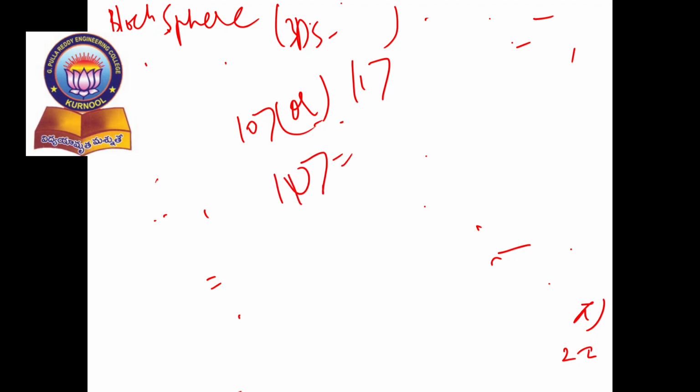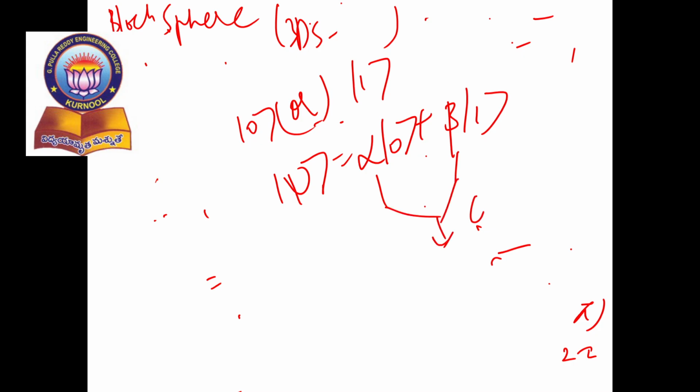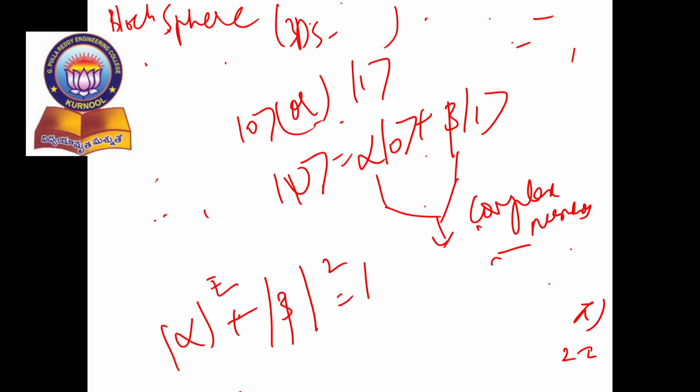So the wave function is equal to alpha of 0 plus beta of 1. So where alpha and beta, these are complex numbers. So if we normalize that, alpha square plus beta square is equal to 1. So this is the normalization function.